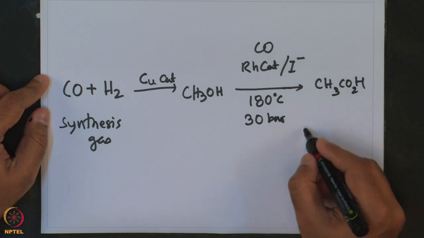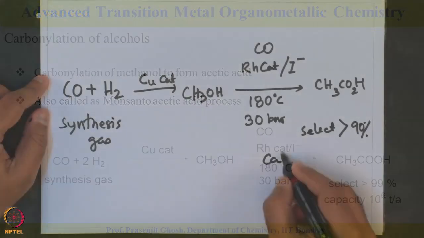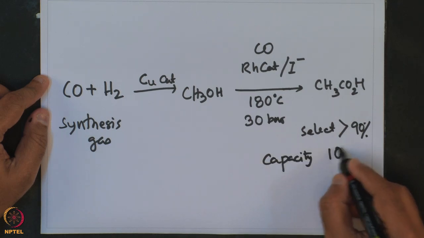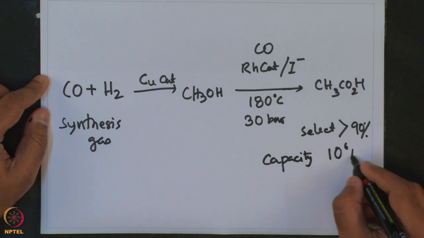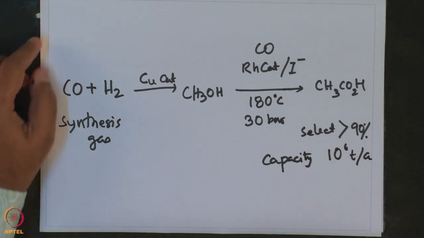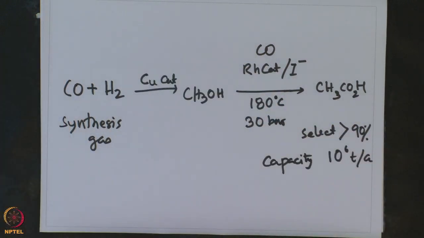Selectivity more than 99% and capacity 1 million ton per annum. So, this is a huge scale process, and popularly this is known as Monsanto acetic acid process.